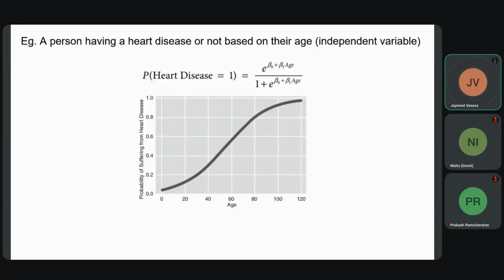And for that, you can also see the S-shaped curve depending on the age and the probability, and the age here is the independent variable.